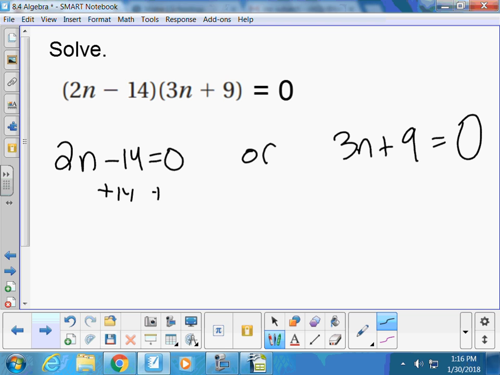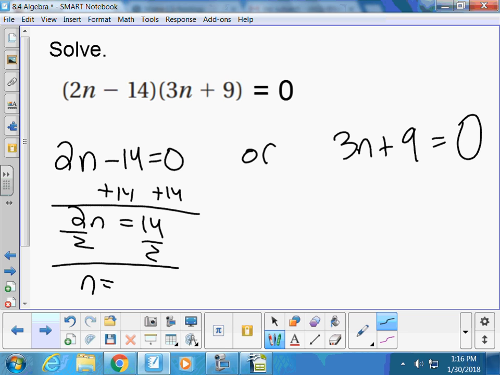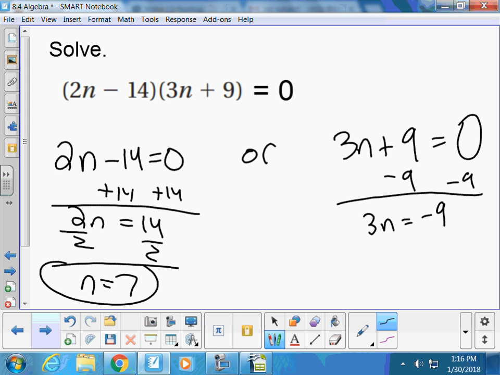I would solve this one by adding my 14 and then dividing by 2. So 7. And then over here, I would solve it by subtracting our 9, and then dividing by 3.